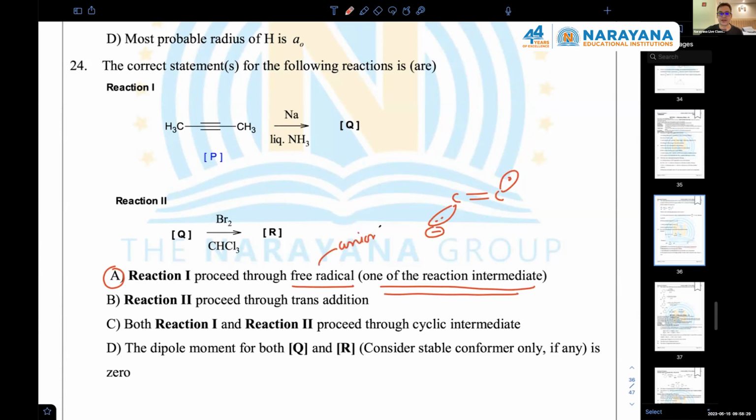If they write the statement anionic free radical, that is the more appropriate word. JEE should not write "proceed through free radical" like this. "Proceed through anionic free radical" is the most appropriate. But anyway, this option may be correct.